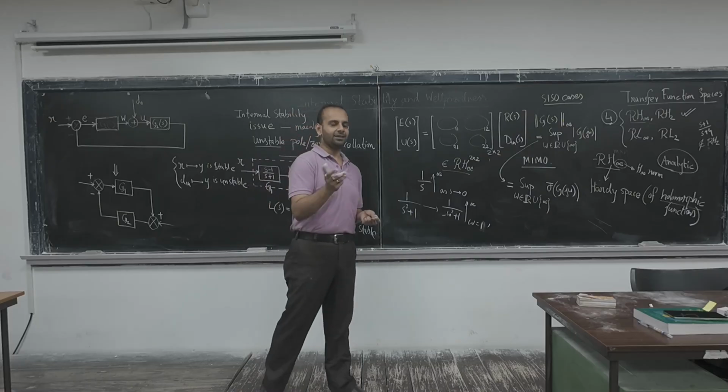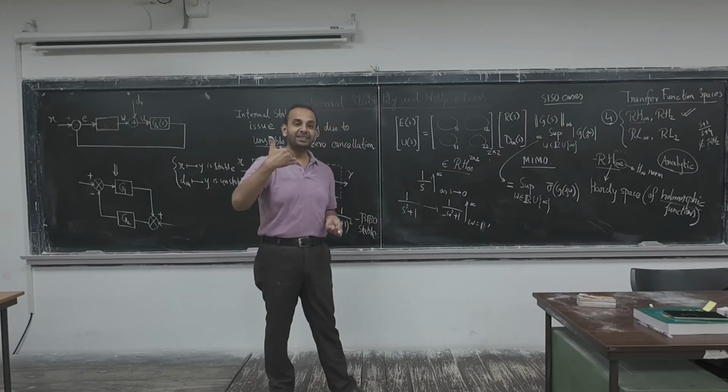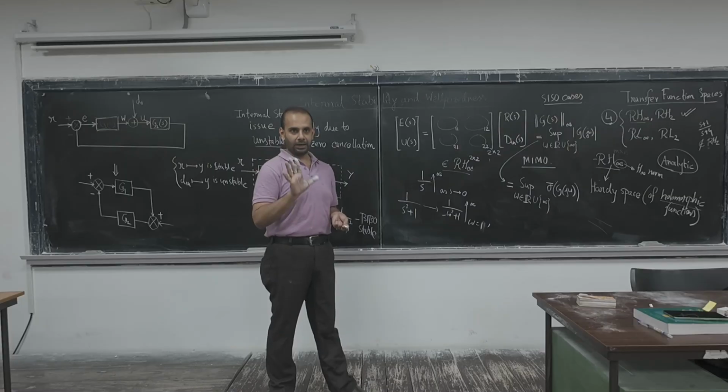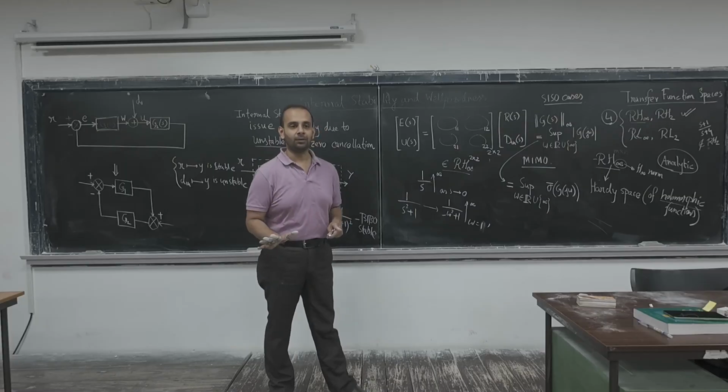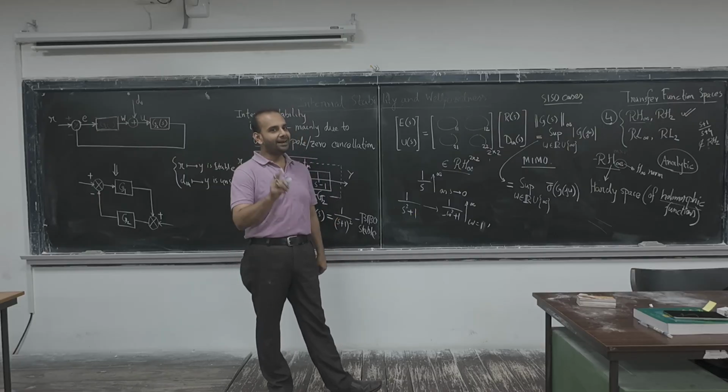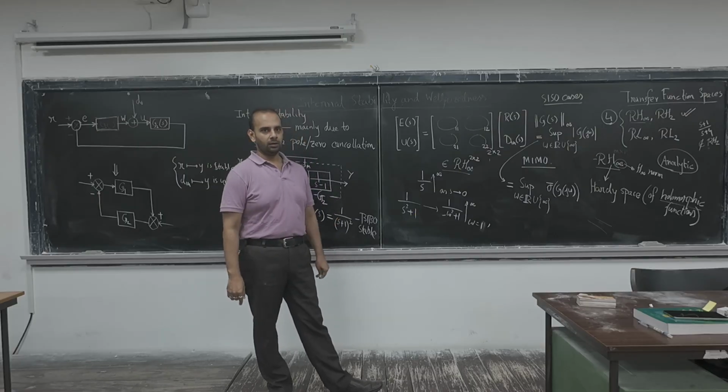So the concept of the input scaled by some other values is right only in the frequency domain, because the moment you convert it into the time domain, it becomes g of t convolution u of t. You cannot write g of t into u of t, isn't it?